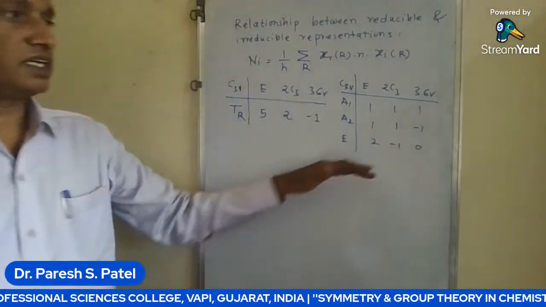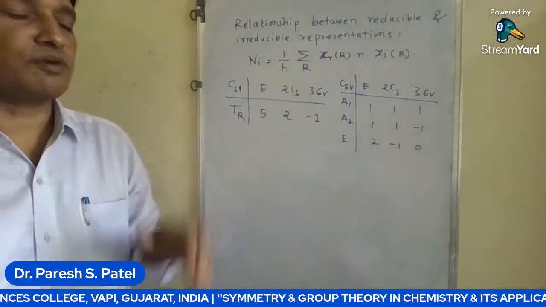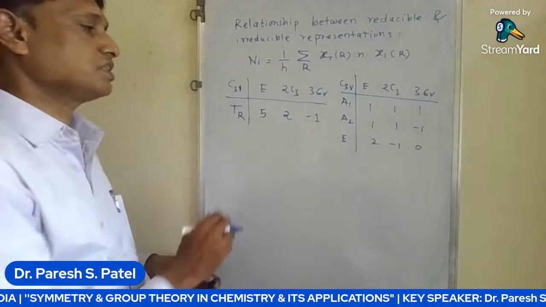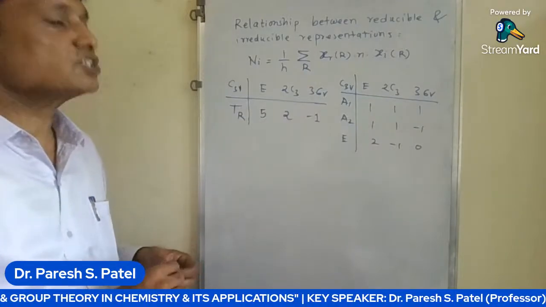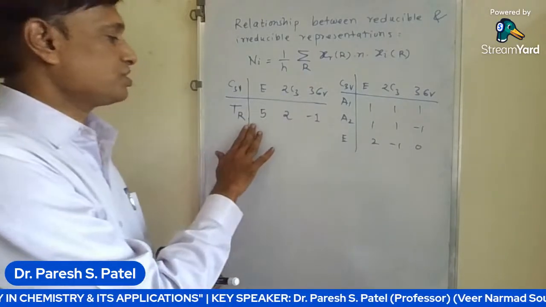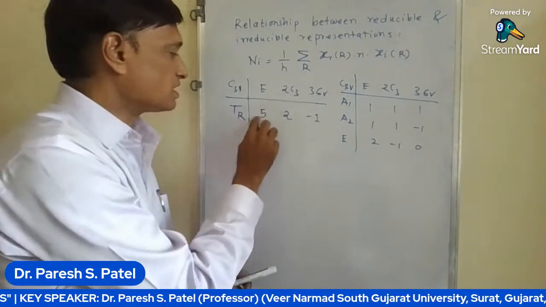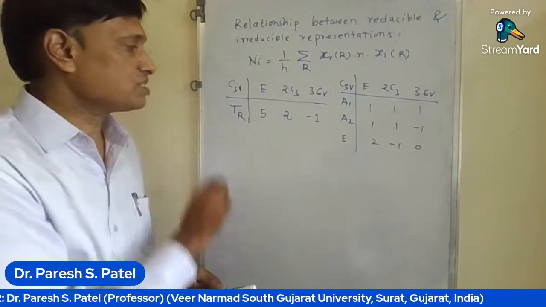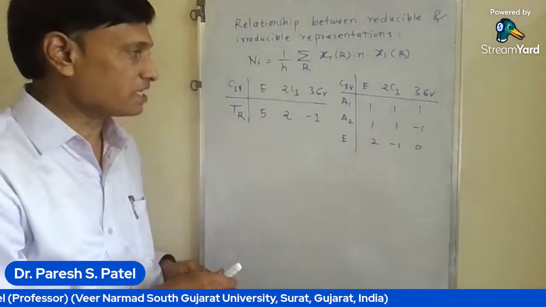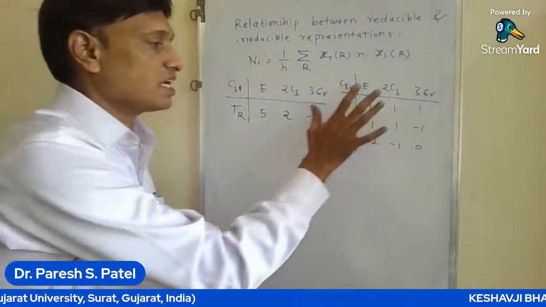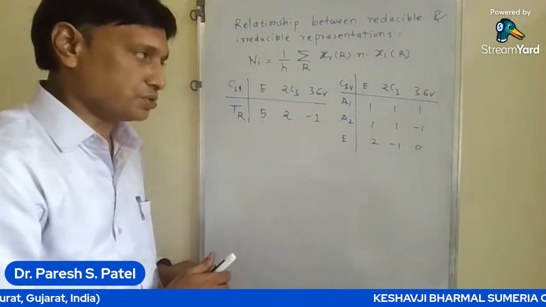This is given to you to reduce this higher dimension matrix into a lower dimension matrix. Why is this reducible? The dimension of this matrix is 5. So we can reduce this 5-dimension matrix into a lower dimension matrix with the help of this equation and character table.